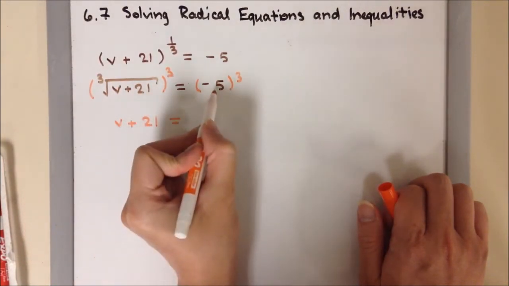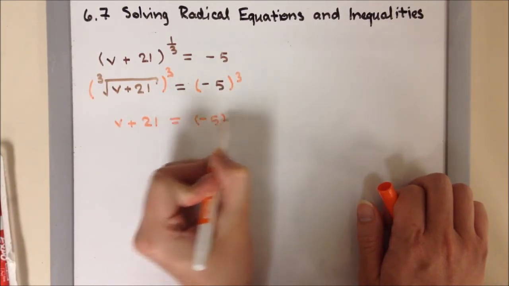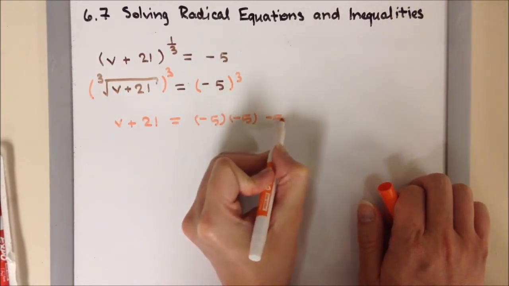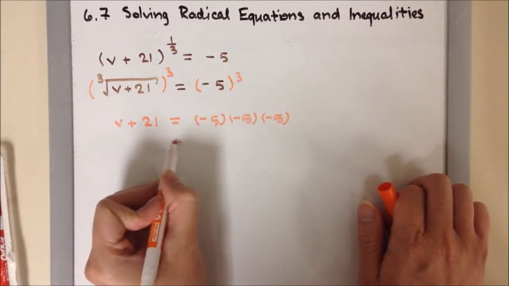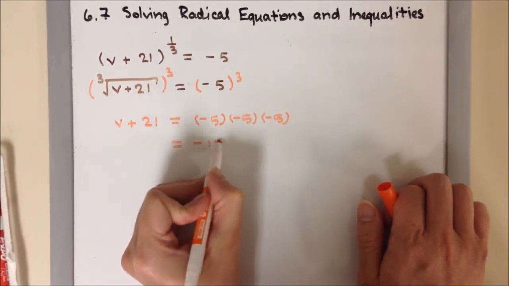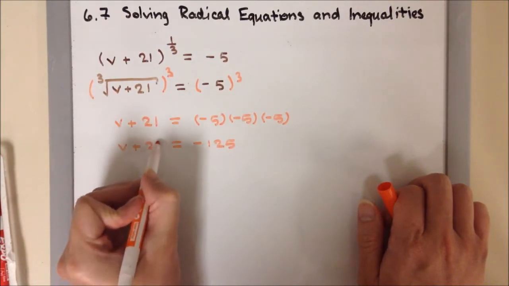Now on the right side, it's negative 5 to the third power, meaning negative 5 times negative 5 times negative 5. When I multiply, I'm going to get negative 125. So I'm going to bring down v plus 21.